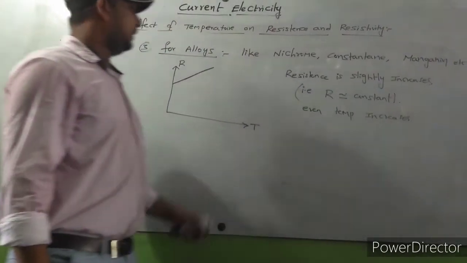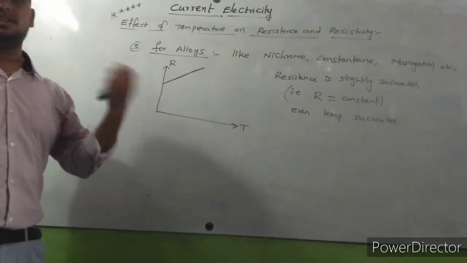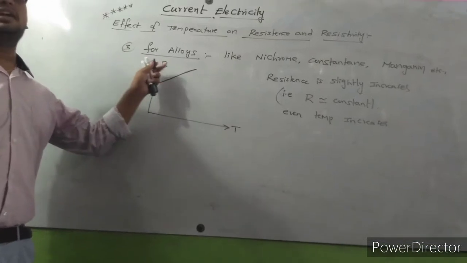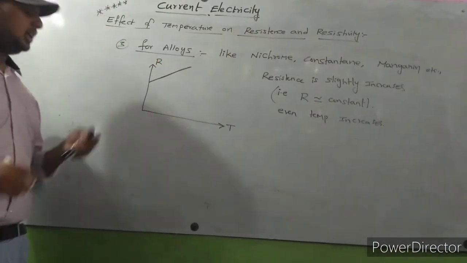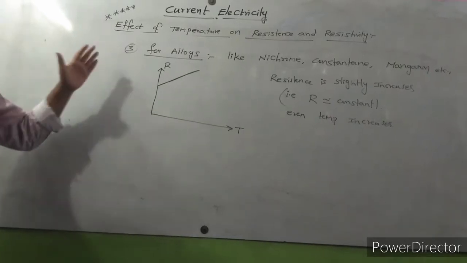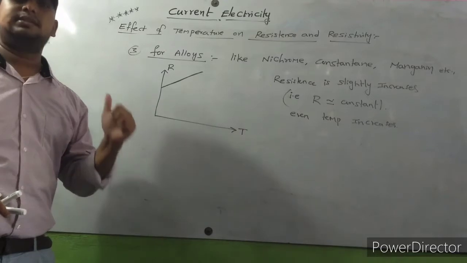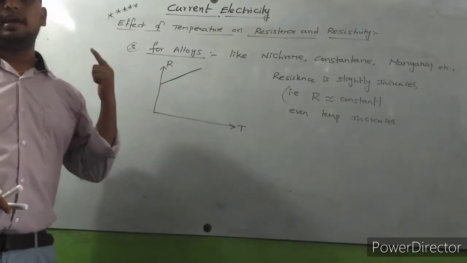So for alloys, resistance is almost constant. Even if temperature increases, there is almost no effect on resistance. This is the graph for alloys, and this is the overall concept about conductors, semiconductors and alloys.